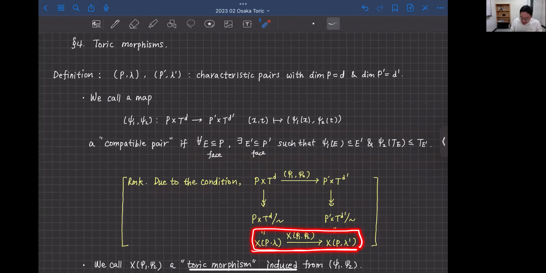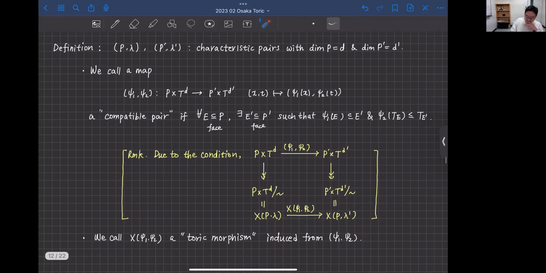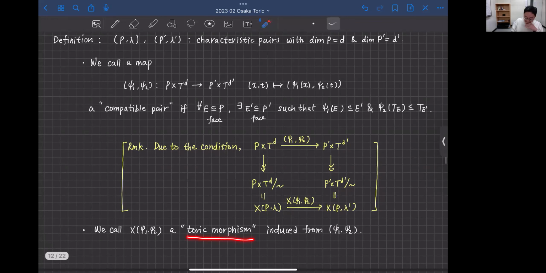So this condition guarantees that this product map descends to this level. So our definition of toric morphism is the morphism induced from this compatible pair. We call this map a toric morphism, right?